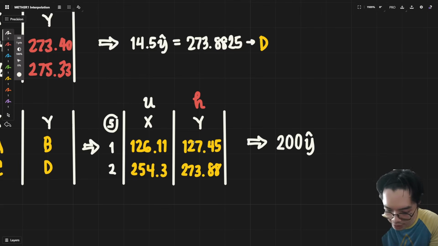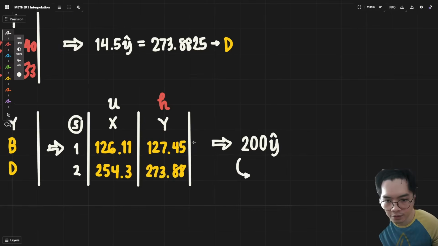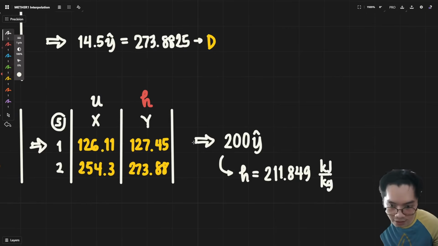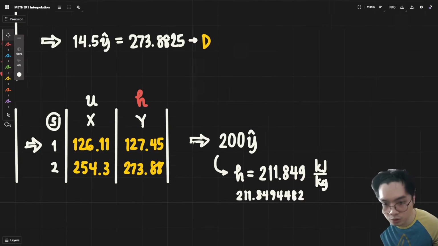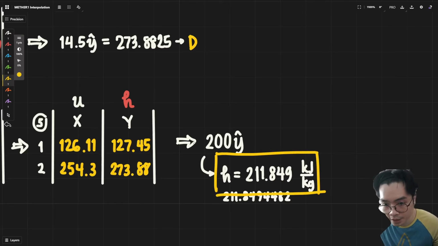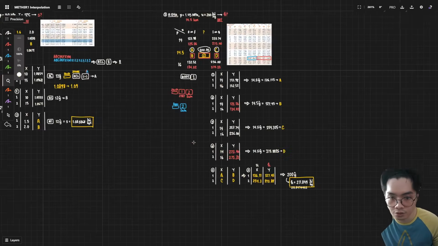So 200 and then y hat, you will find that your h value is 211.8494. So 849 kilojoules per kilogram. So as you can see in here, the answer is actually 211.8494482. So as you can see, ridiculous amounts of accuracy, right? And basically this is your answer.